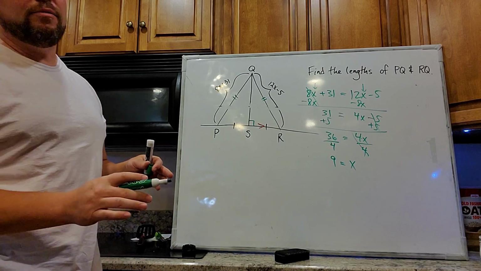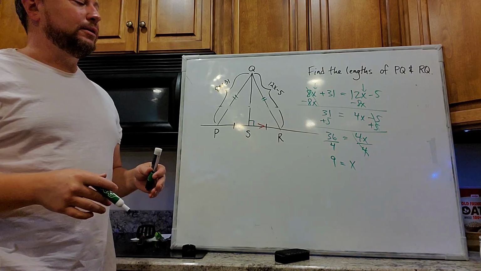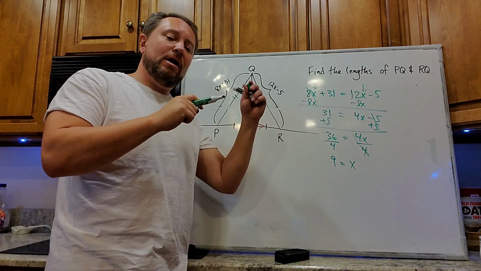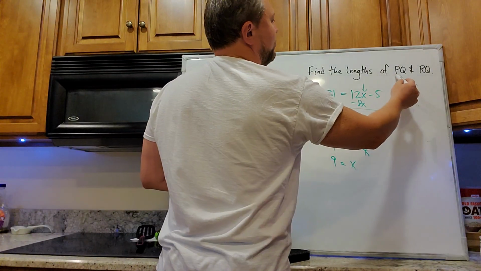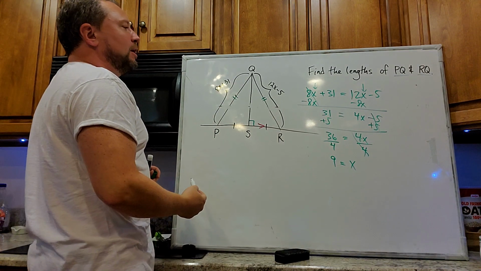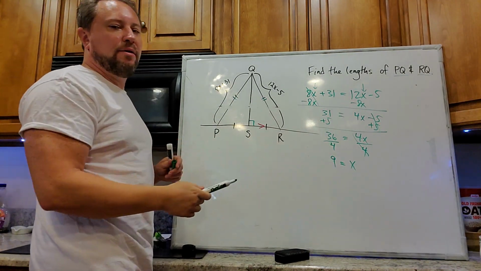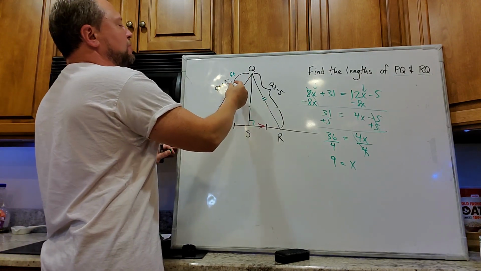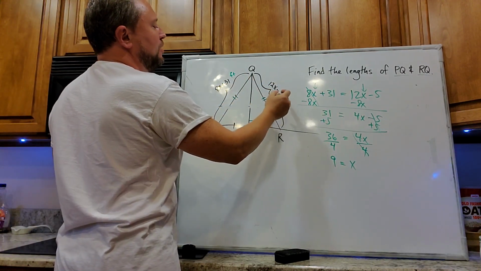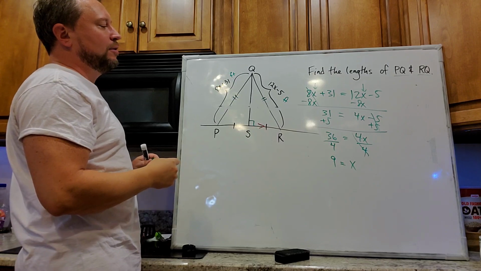Now you've done all the hard work. Don't stop there. Some of you might get a little happy and say, oh, yay, I got 9 for x. But they wanted us to find the lengths of PQ and RQ. And remember, I read over there that everything is in feet. So this was 8x plus 31 feet, and that was 12x minus 5 feet.